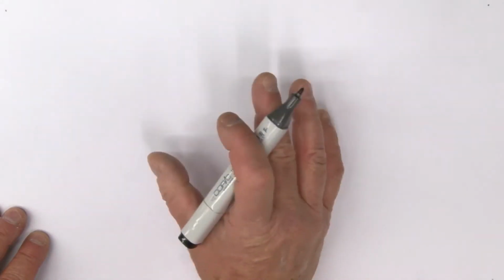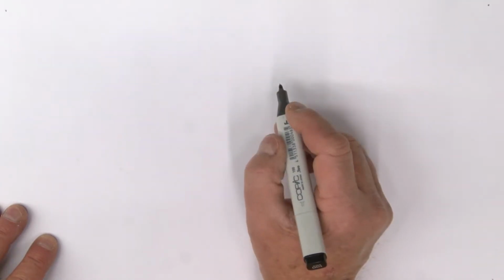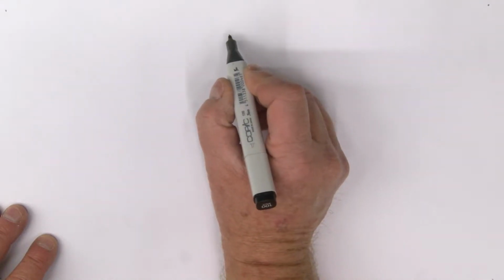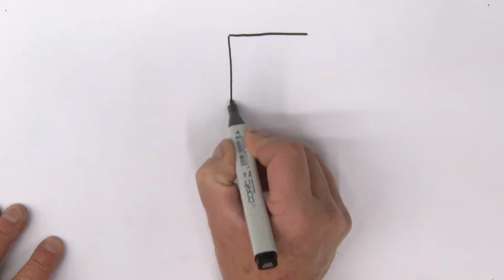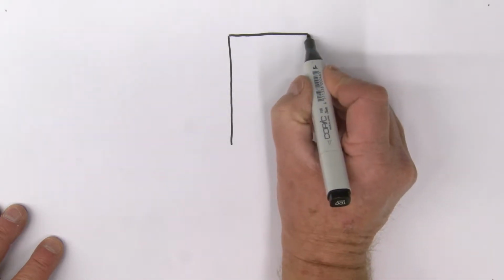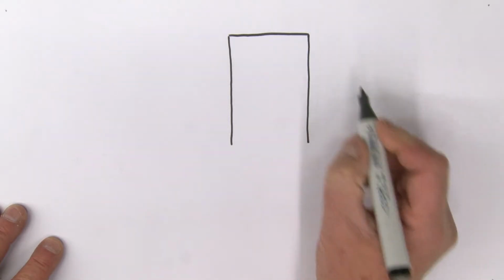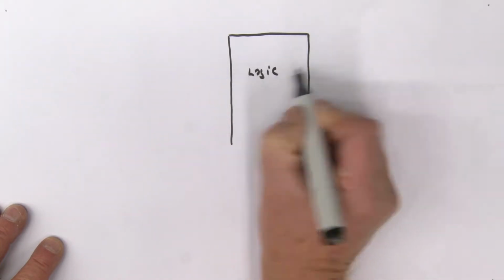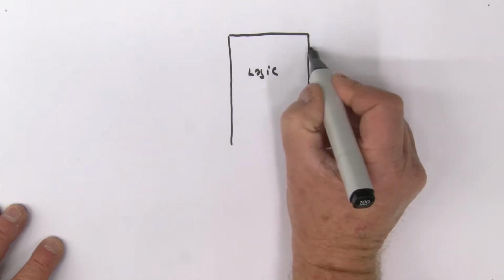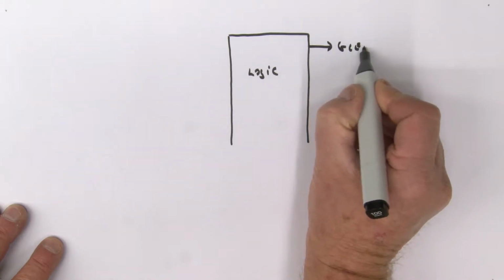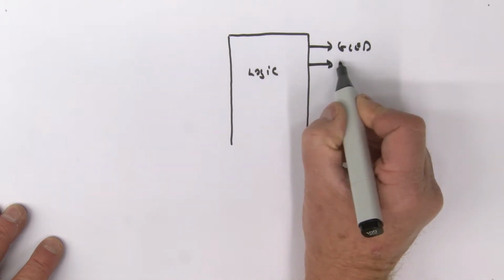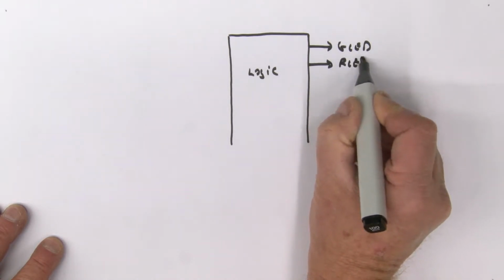Before we actually look at the gate implementation, let's just come up with a basic block diagram for this system. So I'm going to draw a block here. This is going to be for our logic, in this case our gates. Let's just draw the outputs on this. So what we have here is the green LED, an output for the red LED.